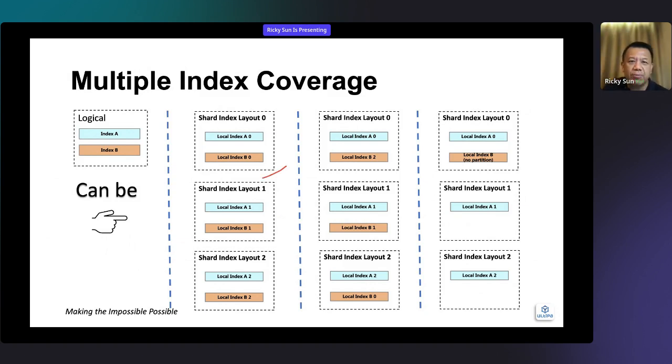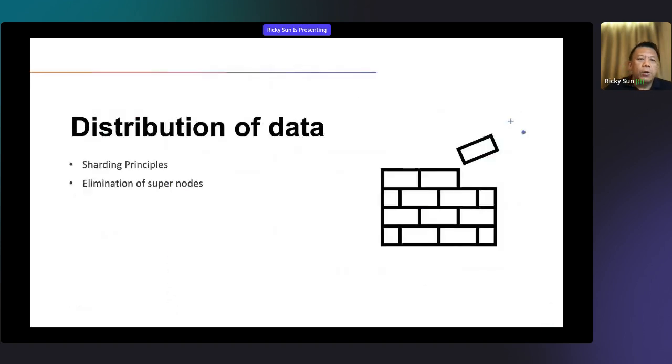Essentially, we're talking about layout with shard index 0, 1, 2, and breaking that down, you have A0, A1, A2, and B0, B1, B2. How are you going to partition that into 9 different instances? There are just many combinations. What's being shown here is just one possible setup if you want.